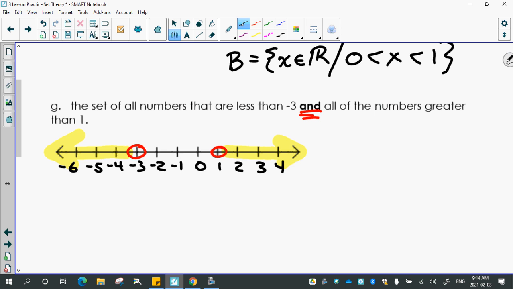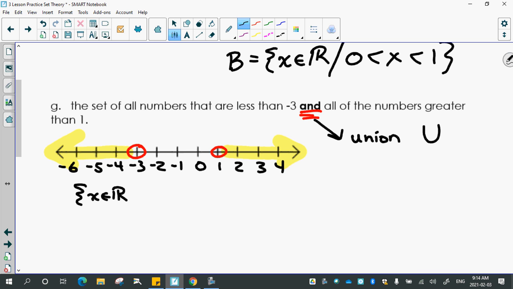So this is really 2 separate sets, okay? And you use the word union. So when you see and, union, the symbol to join 2 sets together or union is a capital U, ish, without the stick. Okay, that's the math symbol for union. So you're gonna just talk about the 2 sets separately and then put union in the middle.